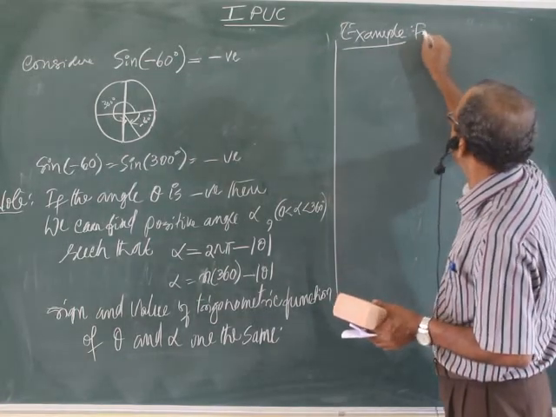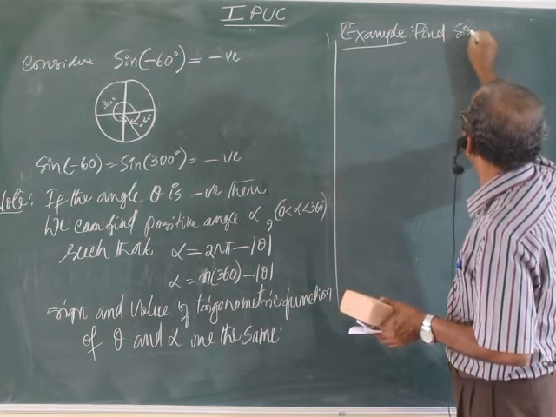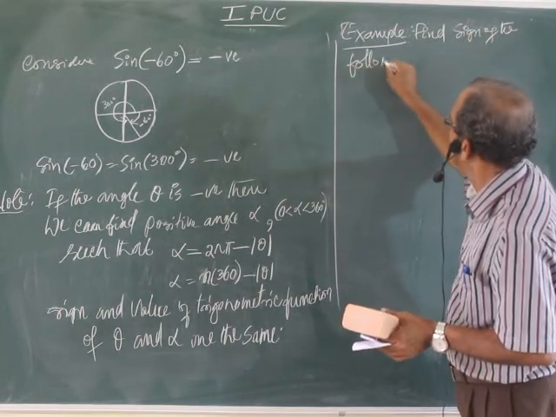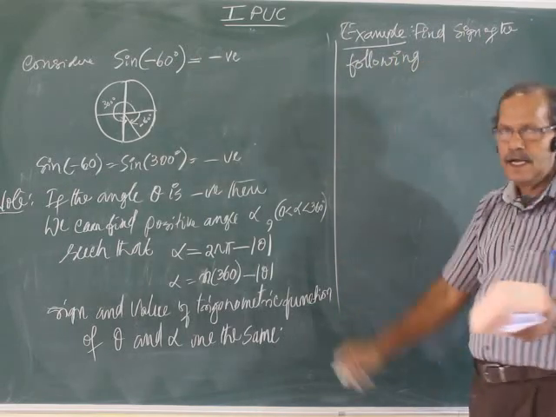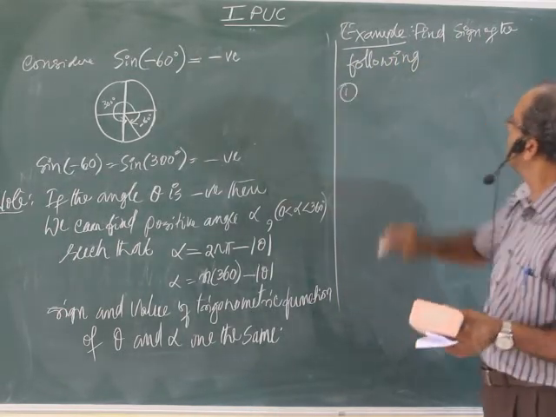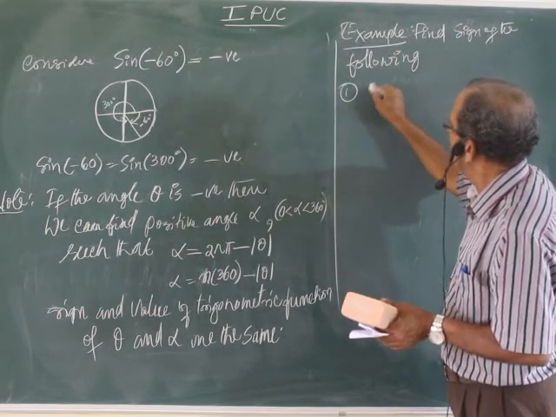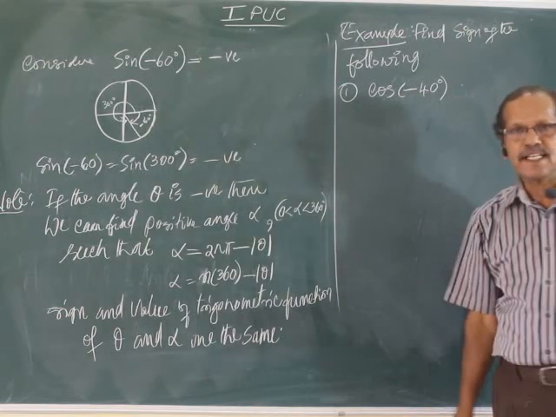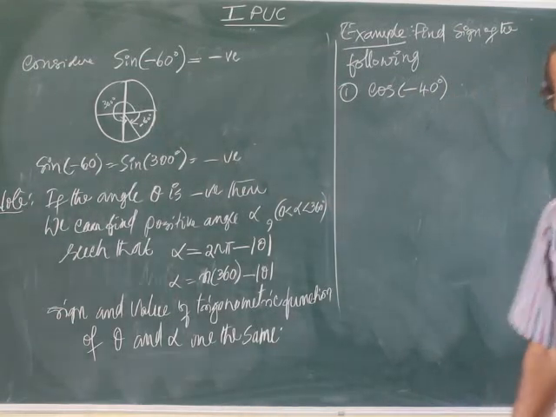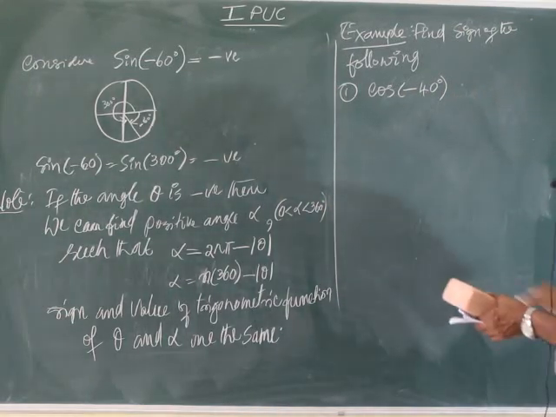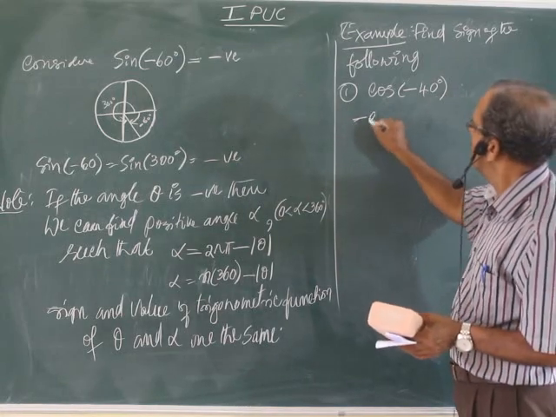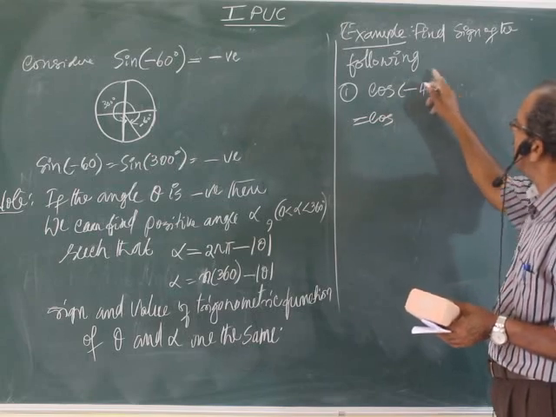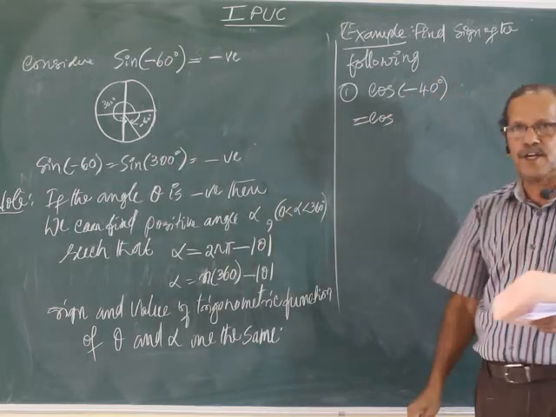Example: find the sign of the following. See, what I have to do is, first one is a negative angle. Cos of minus 40 degree. I want whether this is positive or negative. Cos of minus 40. The note tells me the absolute value of minus 40 means it is plus 40, no?